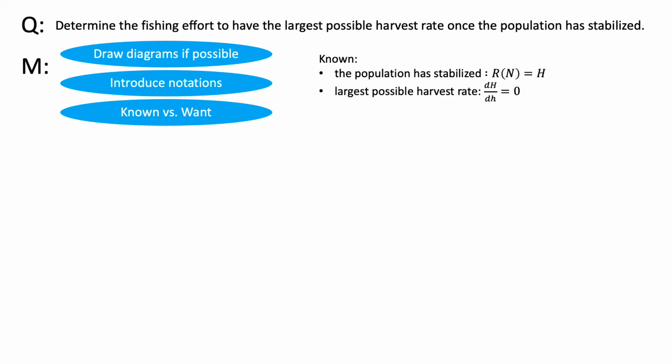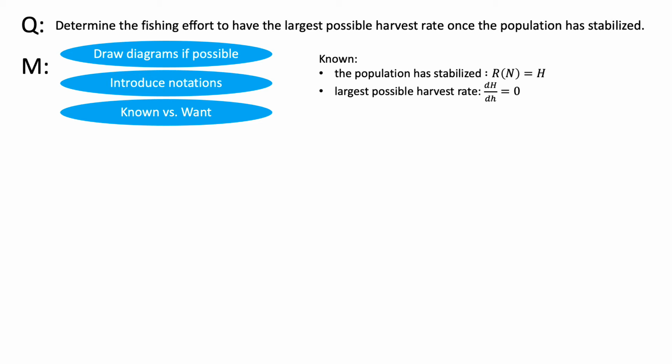There are 2 known facts. First, the population has stabilized, which means mathematically R of N is equal to H. The number of recruits should be equal to the total harvesting. Please note that without harvesting, to have the population stabilized, R of N should be 0.